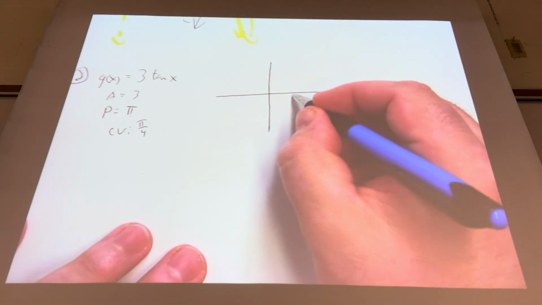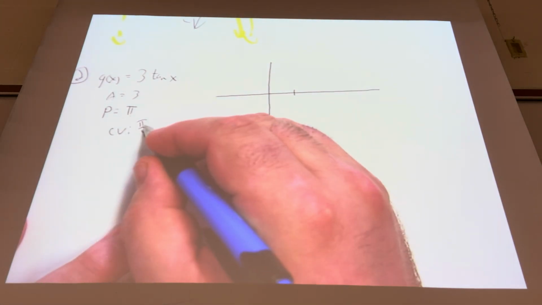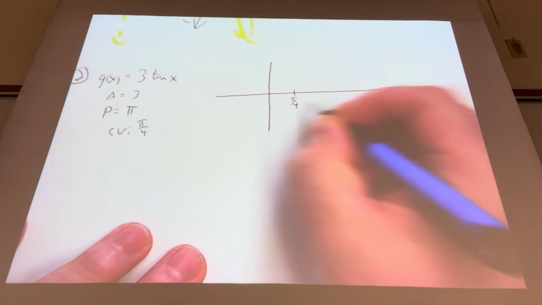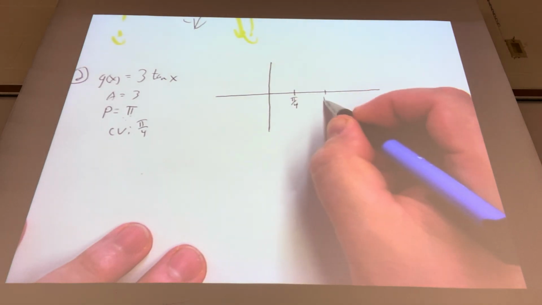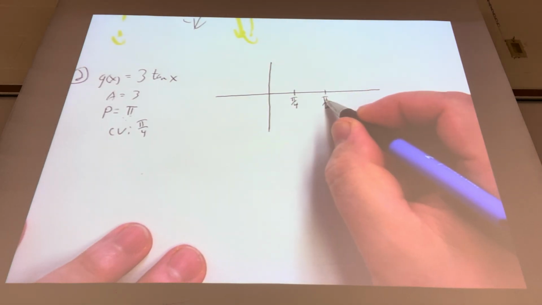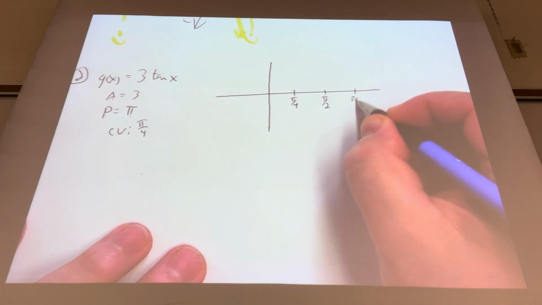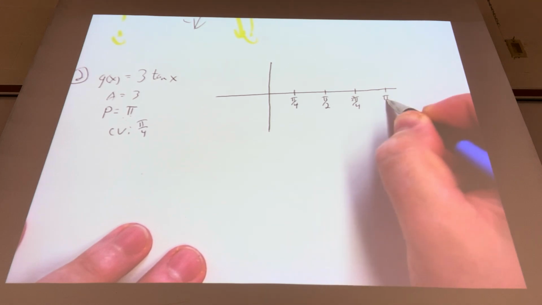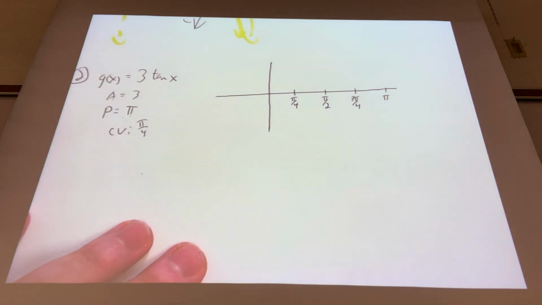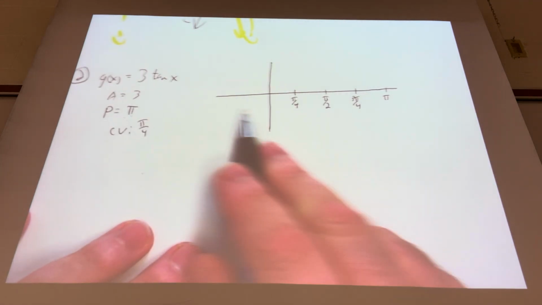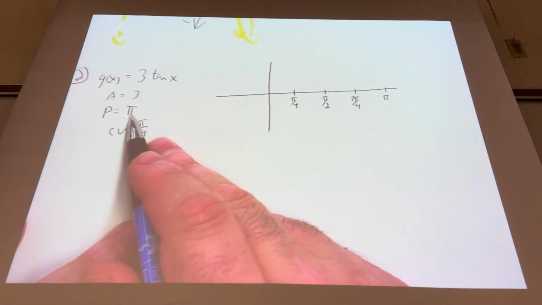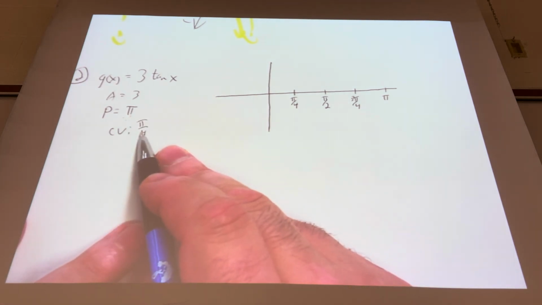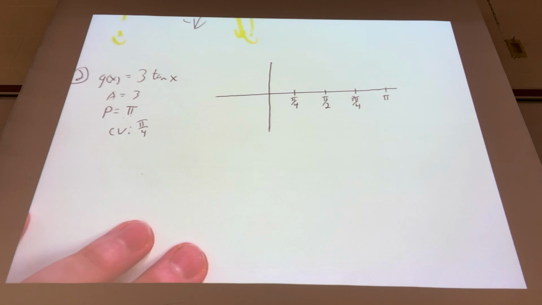So we start at 0, 0 plus pi fourths, plus pi fourths, plus pi fourths, plus pi fourths. Okay, and this works for every single one: where you start at, take that period, divide it by 4. Whatever you're working with, it's going to tell us how we're going to graph this.